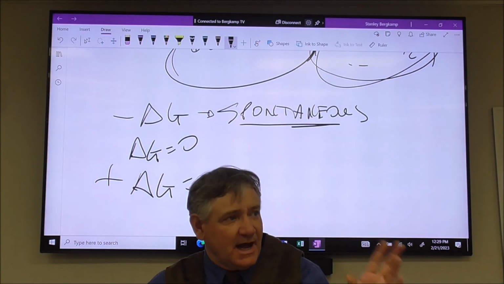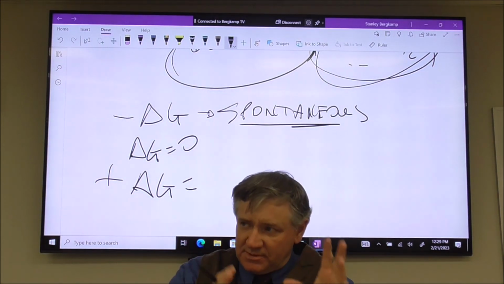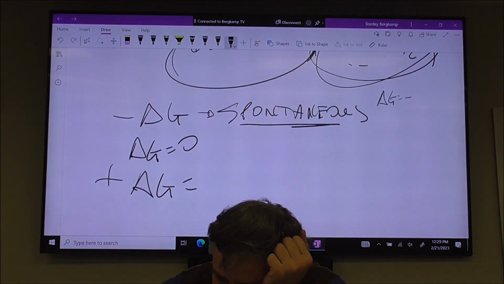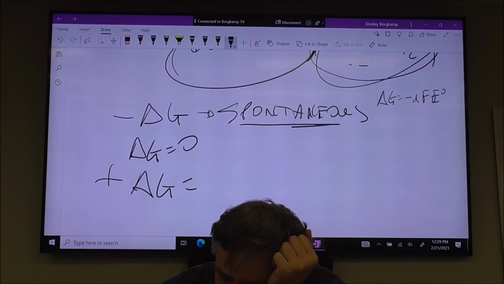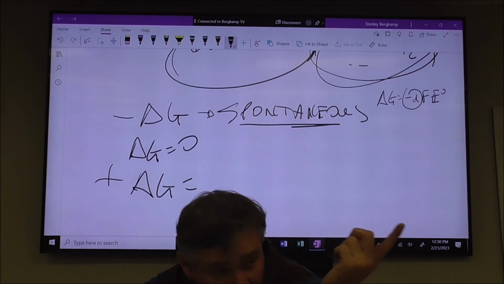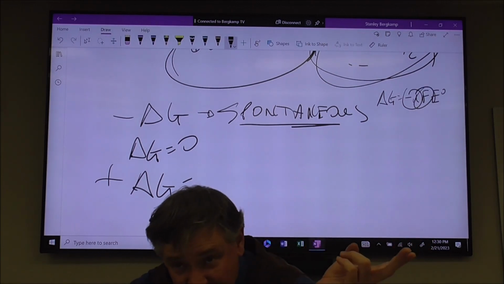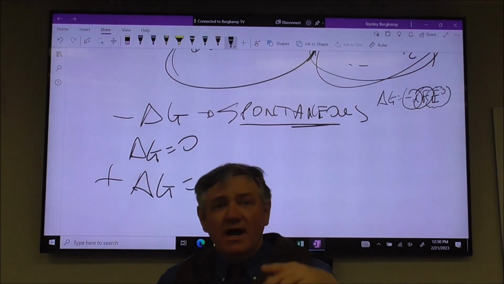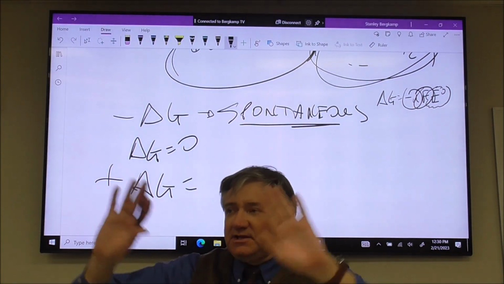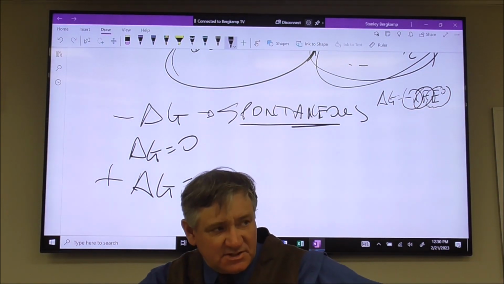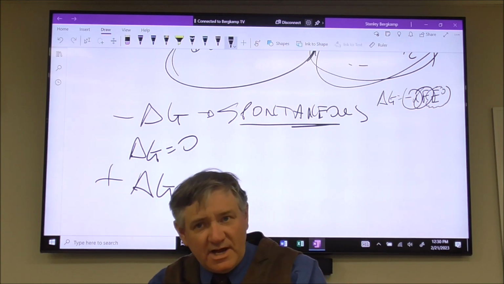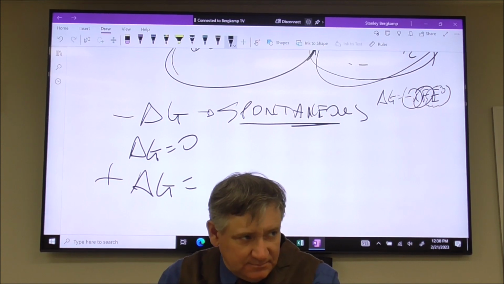So now, this is where this matches up with this equation. If you look at delta G equaling negative NF times E naught, well, N is always going to be a positive number, and F is always going to be a positive number. So here's what you want to look at. If you have a positive E naught value, leave the Gibbs free energy discussion out of this, does that mean the reaction is spontaneous or not spontaneous?